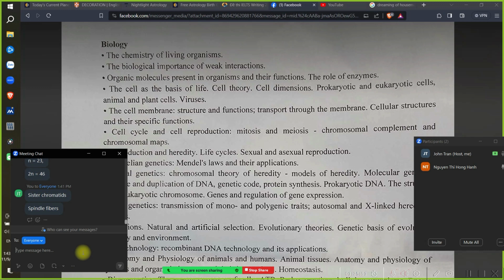Homologous chromosomes aligned along the equator of the cell. Nó gọi là homologous, là chromosome đồng dạng. Homo là cùng, đồng cái gì đó.